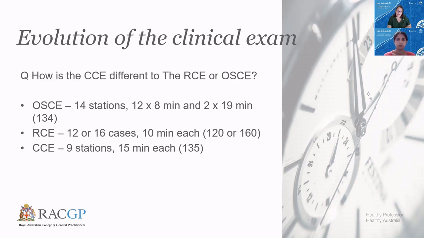The RCE having multiple days of examining at either 12 cases or, for borderline candidates, an additional 4 cases. And then the CCE has 9 stations, which are each of 15-minute duration, meaning that the overall examination time is approximately the same between each of these exams.